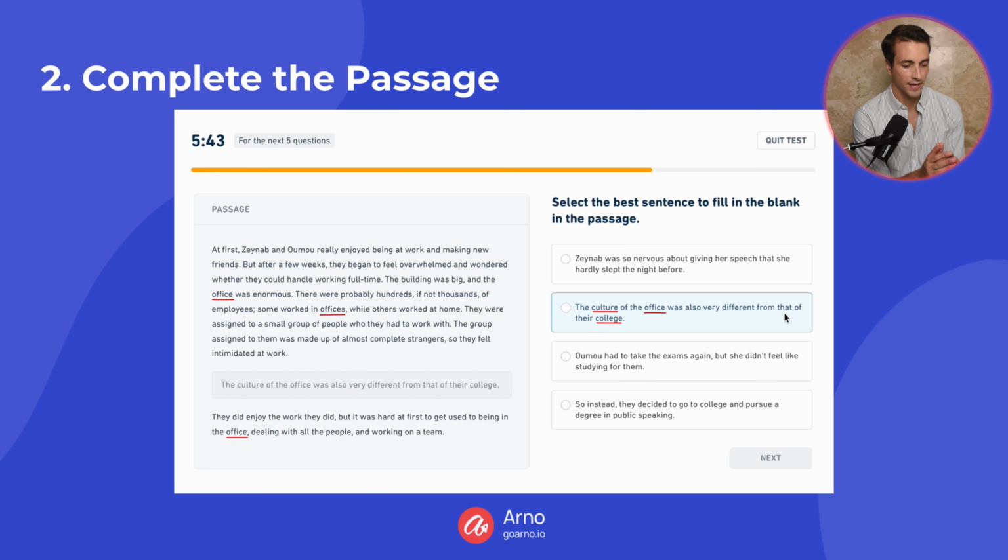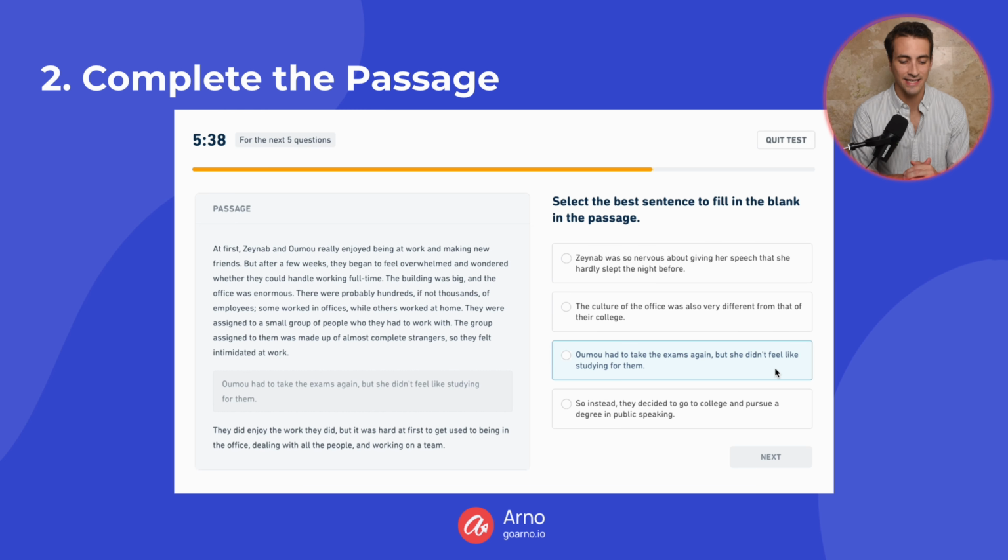In particular, it flows well from the previous sentence, which talks about how they felt intimidated at work. This option, the culture of the office was also very different from their college, elaborates on the idea of why Zainab and Omu are uncomfortable at work, because the culture at work was different from their college. So that's a very promising option, but let's make sure that the remaining two options aren't even better.